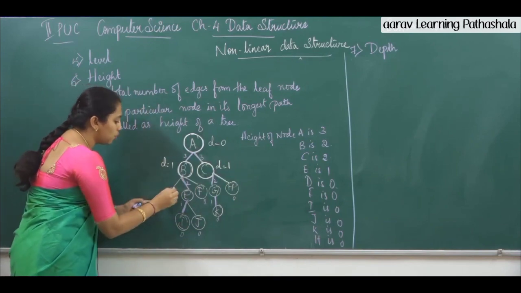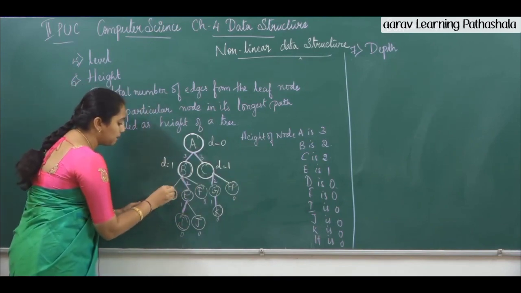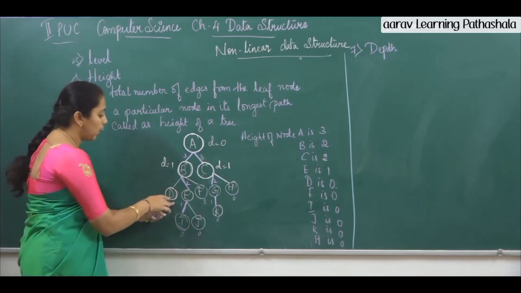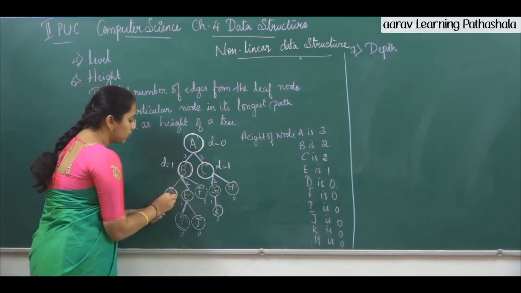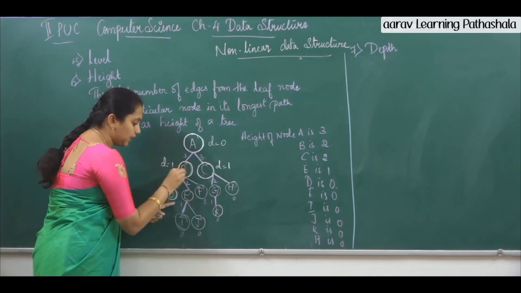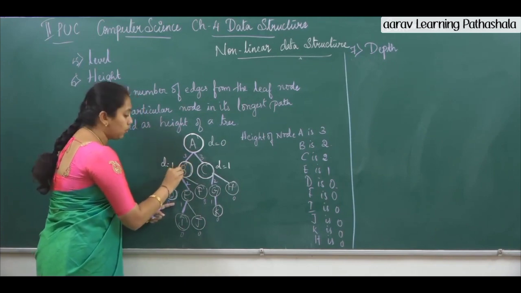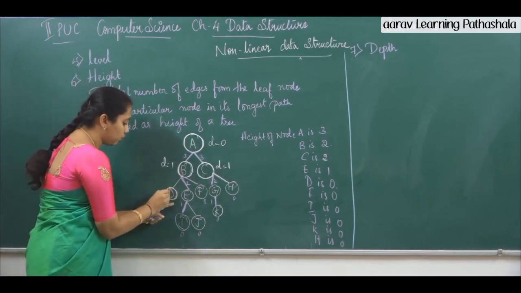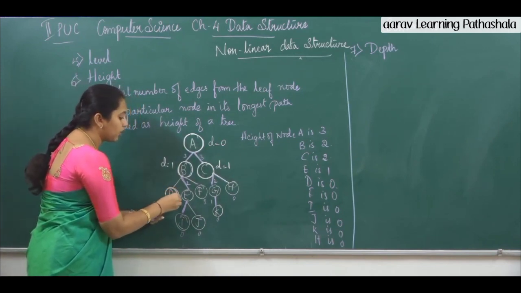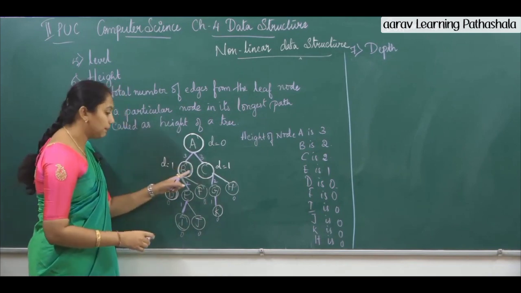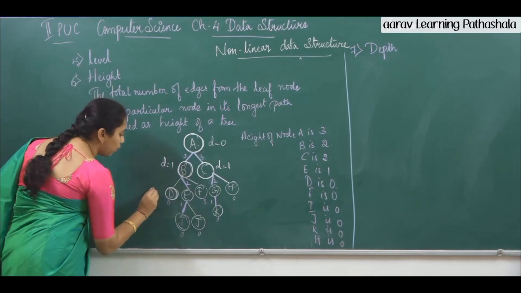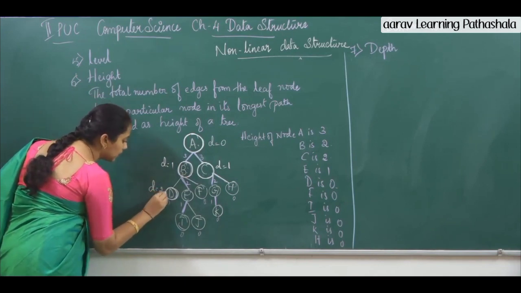What about node D? The depth of D is 2 because the parent node of D is B, and for the B node, the parent node is A. Hence, the depth of D is 2.